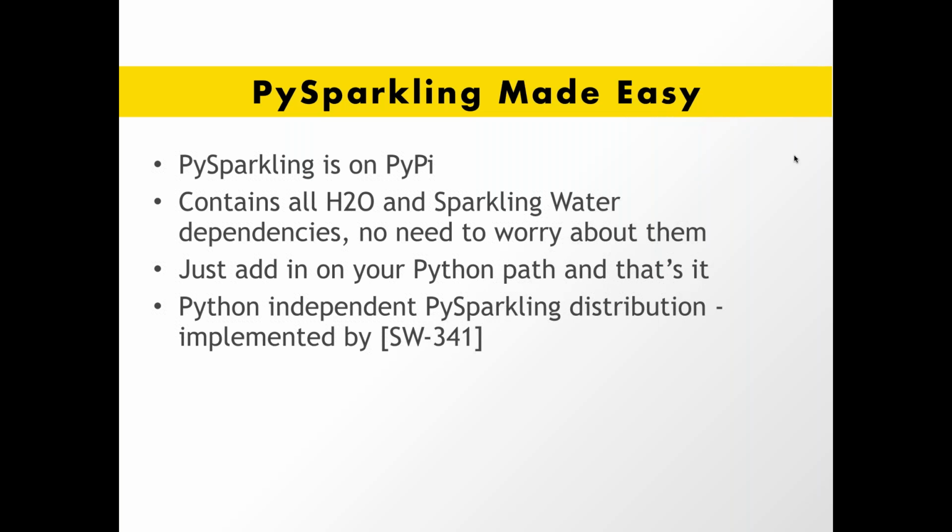PySparkling is basically the Python implementation of Sparkling Water. PySparkling is available on PyPI, so you can just download it from there, or the Python package is already available in the distribution we provide on our page. It contains all H2O and Sparkling Water dependencies, so if you ever need to use PySparkling, you don't need to worry about other dependencies. You don't need to install H2O or worry about Scala jar files. It's all wrapped inside.